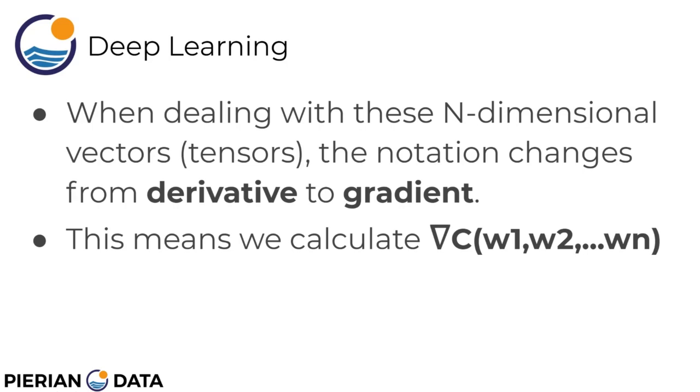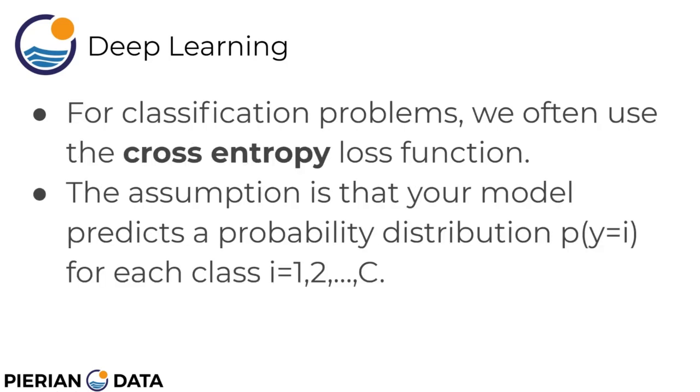Now, before we wrap up this lecture on loss or cost functions and gradient descent, I want to quickly mention that for classification problems, instead of using the quadratic cost function, what we often use is the cross-entropy loss function. What's nice about the cross-entropy loss function is that it assumes your model predicts a probability distribution for each class.